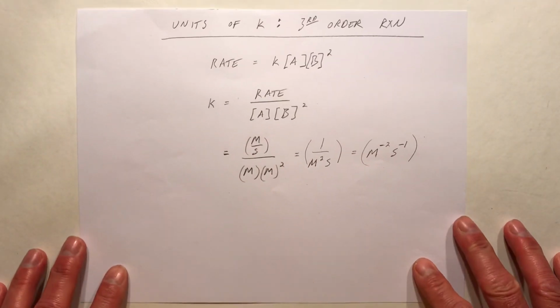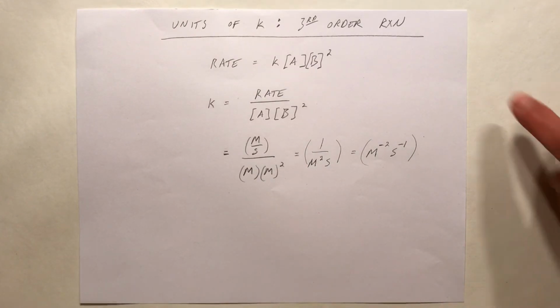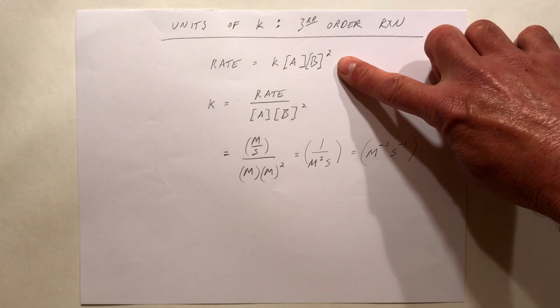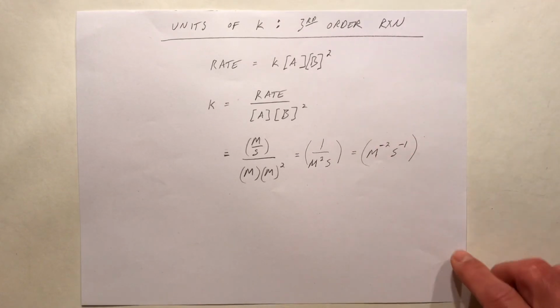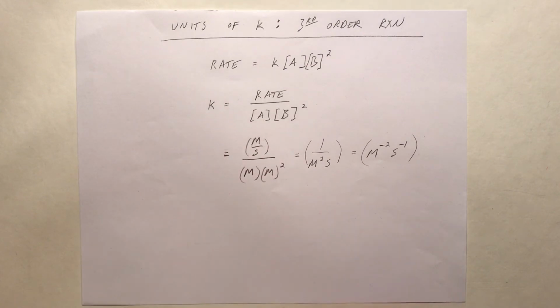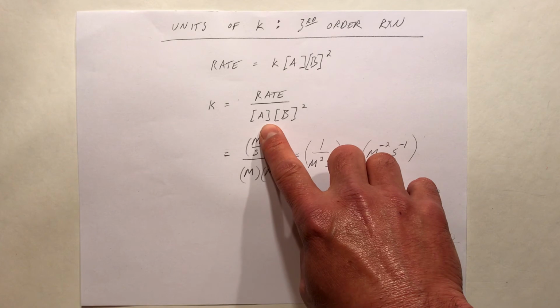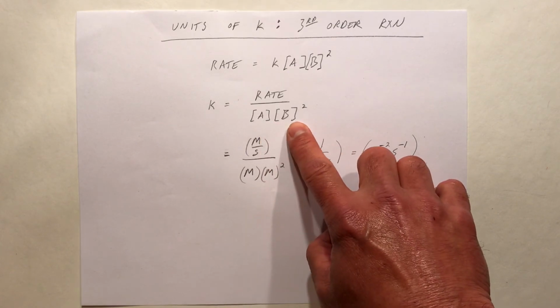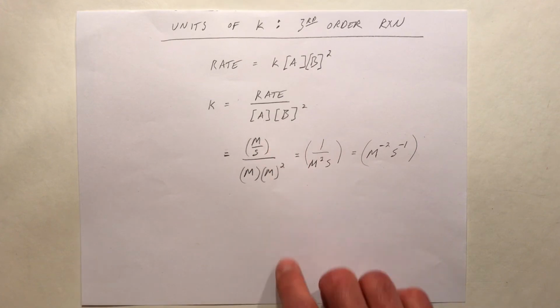And if you have multiple reactants, you can have third order reactions or more. So let's say we have a reaction that's third order. Here would be an example of a differential rate law that's third order overall. Rearrange that and solve for K. And in this case, we get rate divided by concentration of A and divided by concentration of B squared. Plug in units for rate, molarity per second.